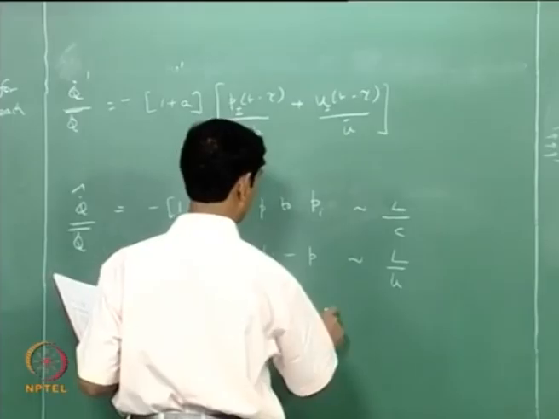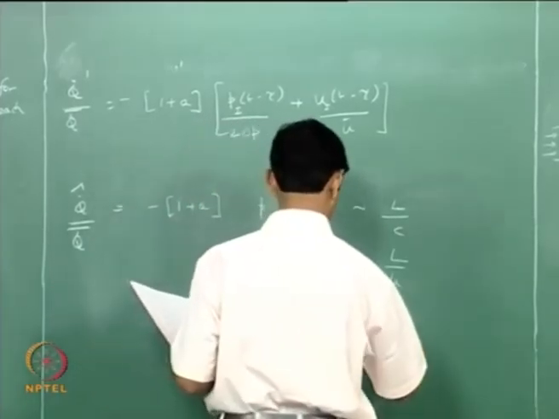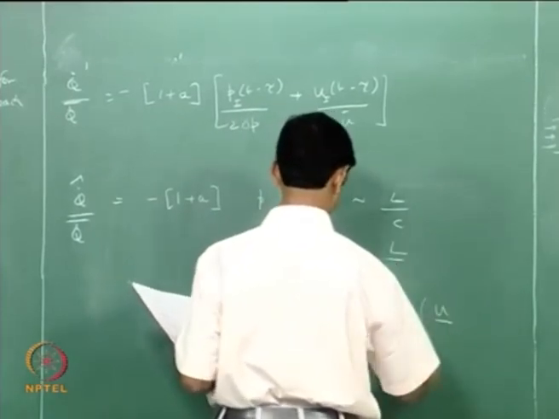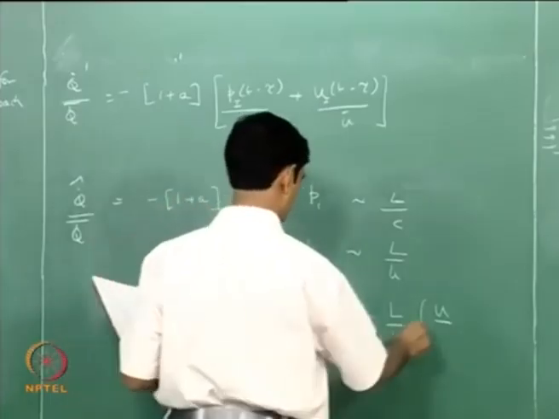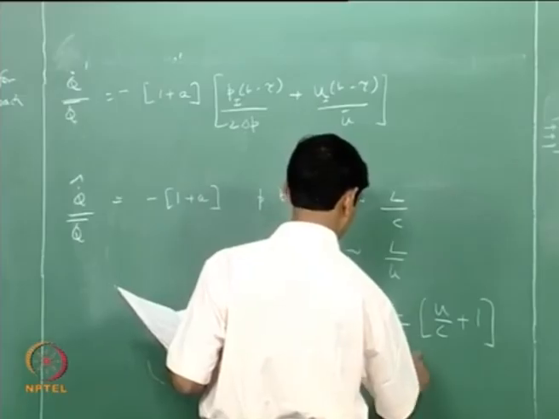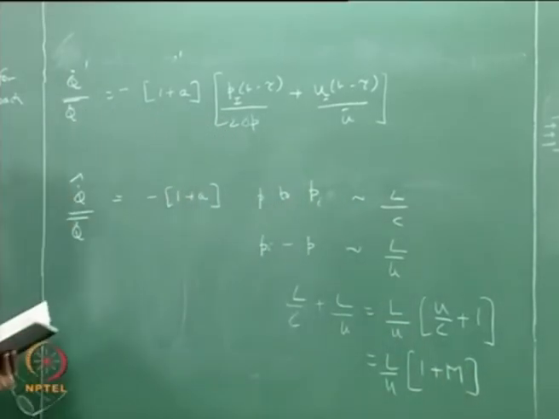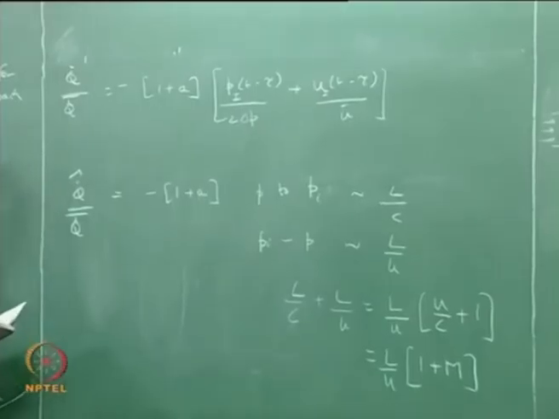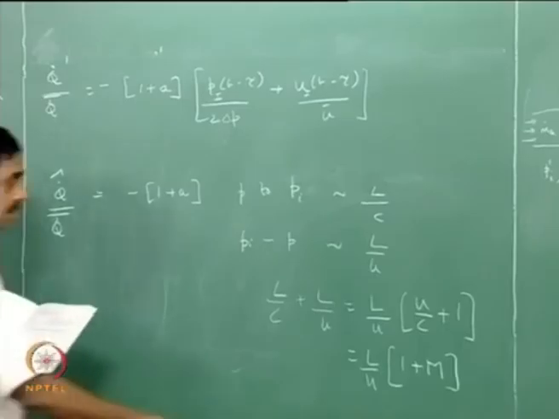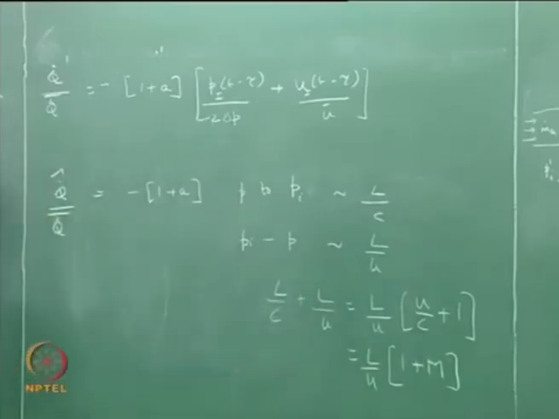So L over c plus L over u, which is L over u into u over c plus 1, right? So L over u into 1 plus M. If M is small, say 0.01 or something, then it's L over u times 1.01, so it's close to L over u.